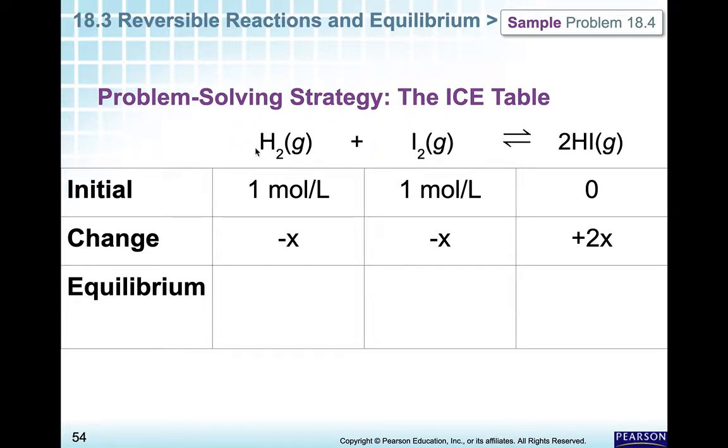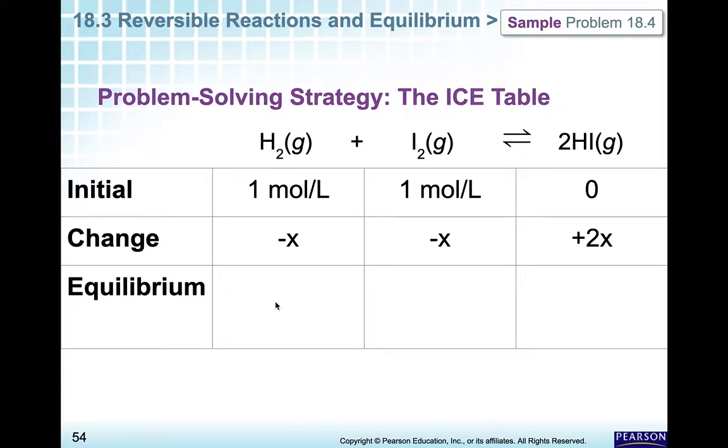If I react some amount of each of these, I produce twice that amount of product. If I react 1 of each, I produce 2. If I react 2 of each, I would produce 4. If I react x of each, I produce 2x. Okay? So I have filled in an expression here to determine how much each compound is changing by.